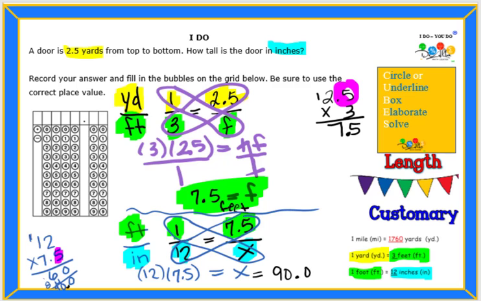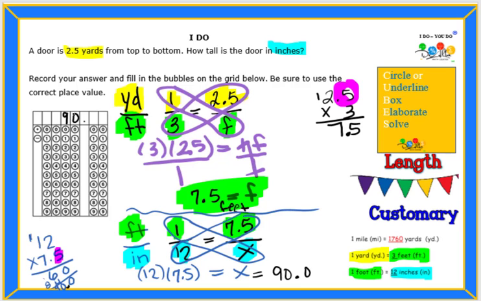So to record our answer into the grid, make sure we're doing the correct place value. 90.0, there is 9 tens and 0 units, but they both need to be placed in front of the decimal. We make sure that we put the 90. Now the 0 behind the decimal is insignificant, so you can decide to put it or not.